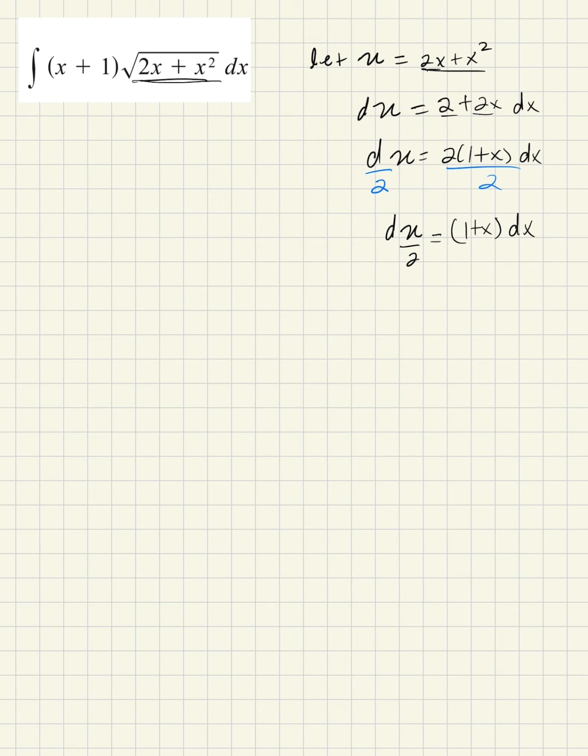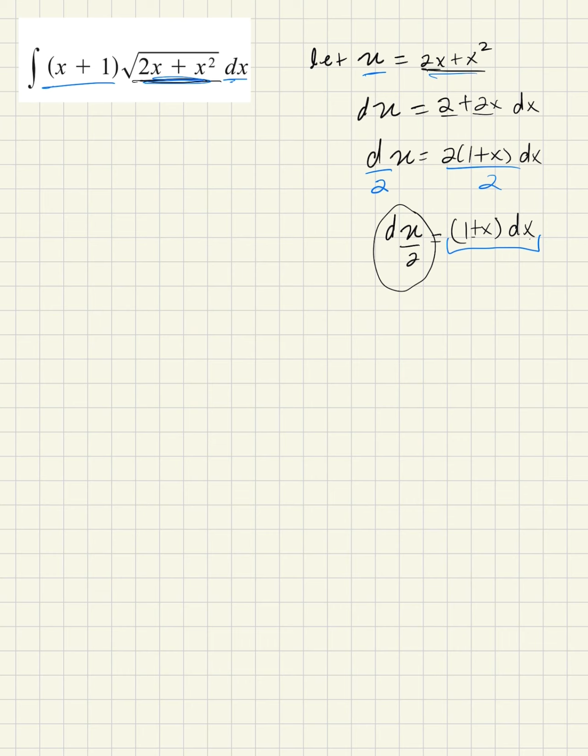I have (1 plus x) dx, and I also have u being substituted with this entire thing of 2x plus x squared. So x plus 1 dx is just going to be this one right there.